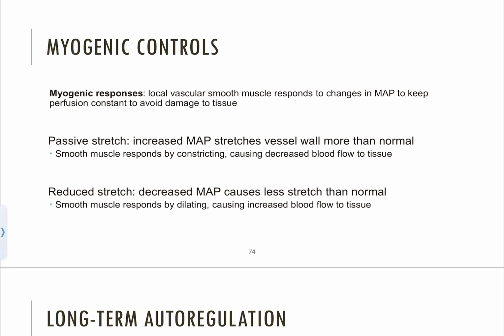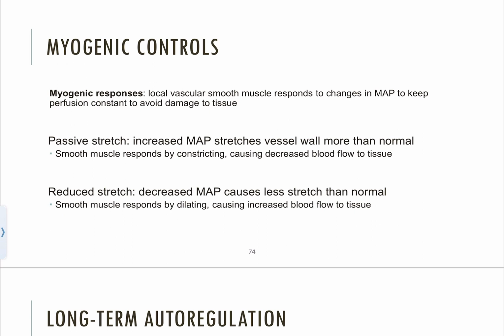We have passive stretch. This is referring to an increase in our mean arterial pressure that is going to stretch the vessel wall more than normal. What's our response going to be? It's basically going to be to constrict it because, again, we don't want damage. Once it's stretched to a certain point, in order to prevent it from rupturing, we want to constrict it a little bit.